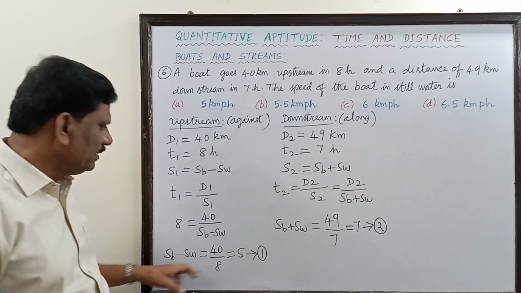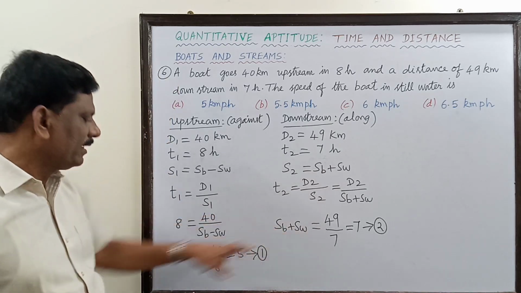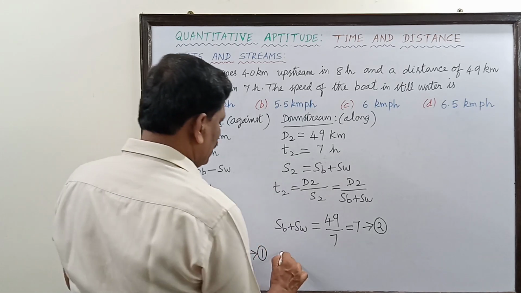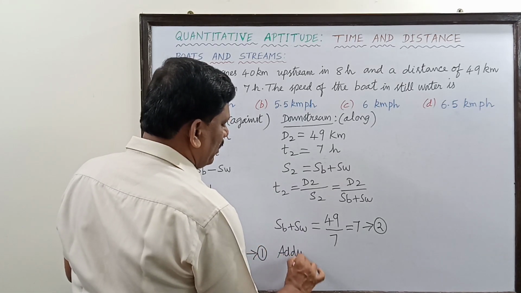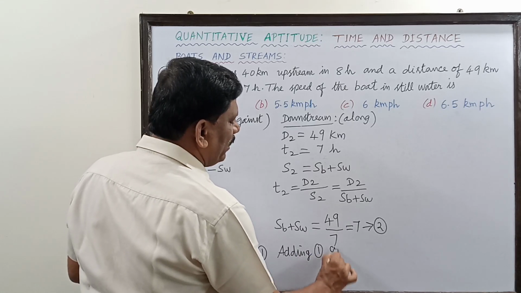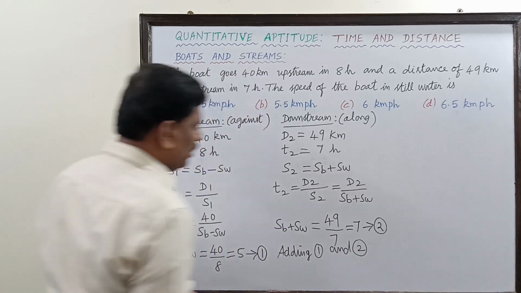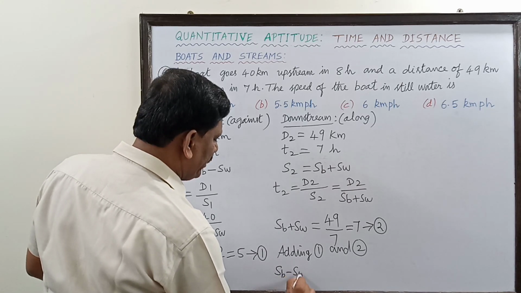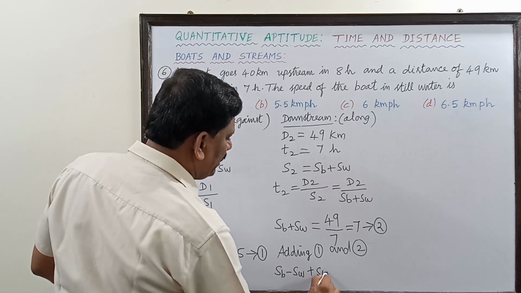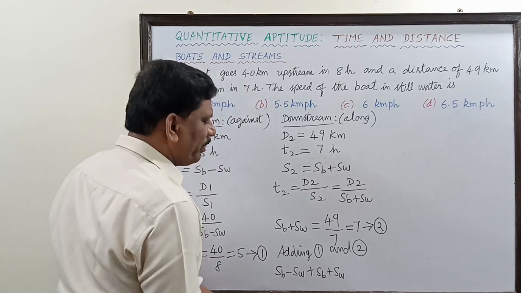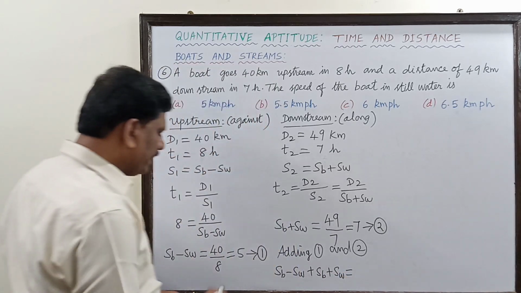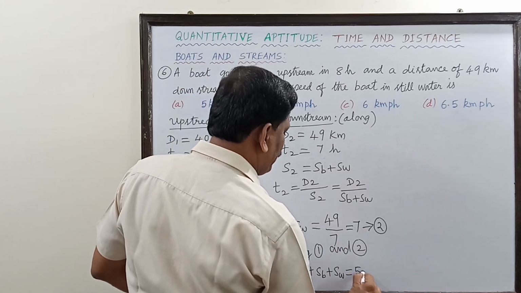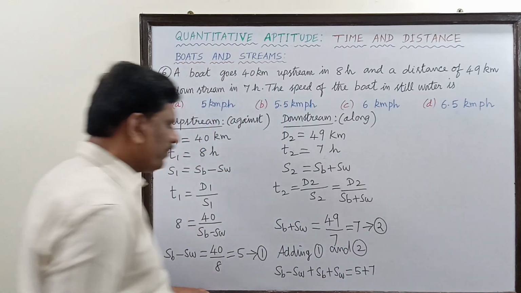Now we can add these two so that on the left hand side SW can be eliminated. So adding equations 1 and 2, this becomes SB minus SW plus SB plus SW, equal to, on the right hand side, 5 plus 7.